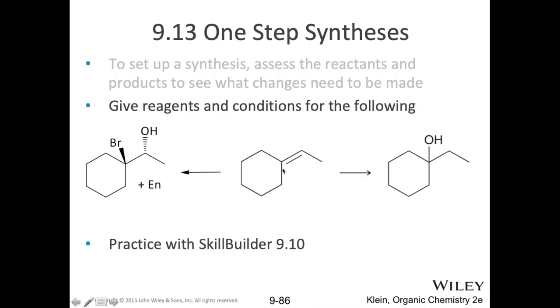So this is more substituted, and we have our alcohol group on our more substituted carbon, and therefore this is a Markovnikov addition. That automatically rules out hydroboration-oxidation, because that would have given us the anti-Markovnikov product, so that can't be what happened.